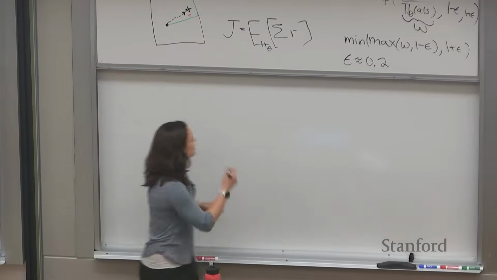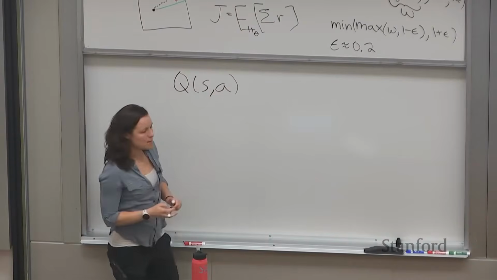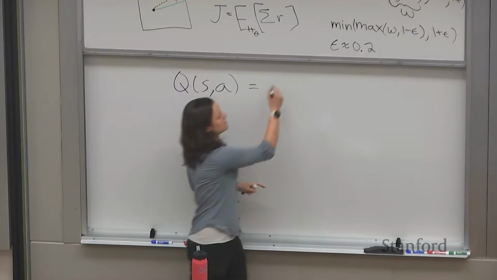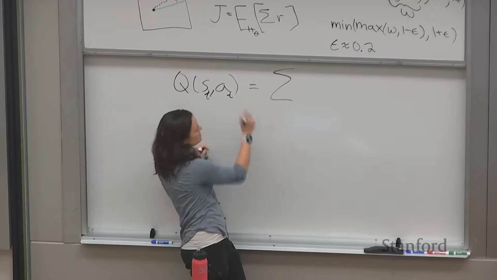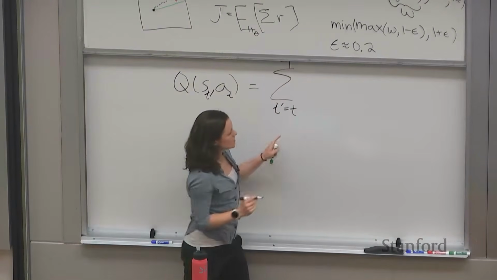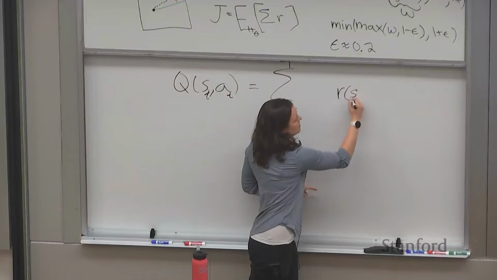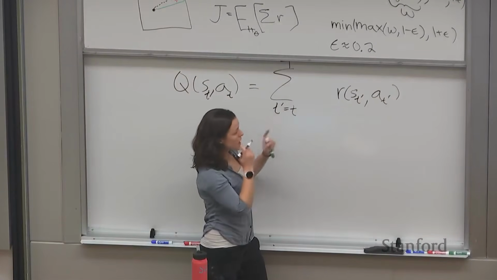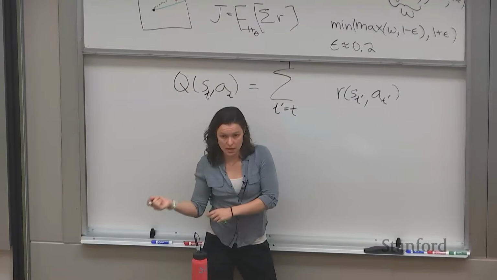So we can remember that the Q function is very similar to the value function, but it's the sum of rewards if we start at S and take action A. So you can think of it as the sum over, say this is S_t and A_t, the sum of time steps starting at t through the end of the trajectory of the reward R of S_t', A_t', under the expectation that we're running our policies after taking state S_t and action A_t.